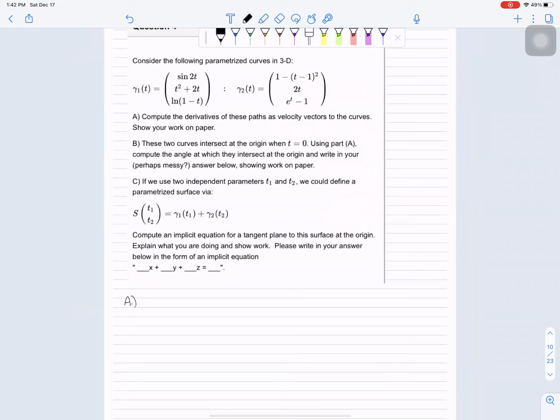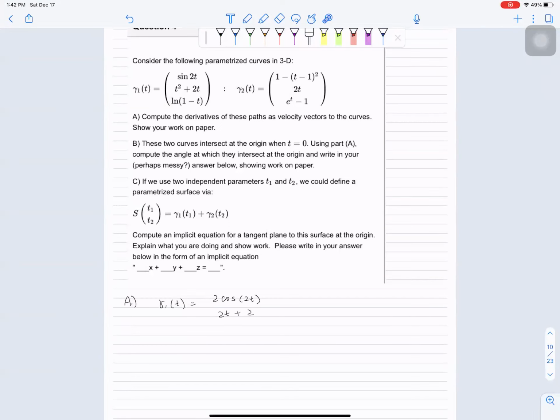Part A, derivative of gamma 1. I take the derivative of sine 2t, which gives me 2 cosine 2t using the chain rule. The derivative of t squared plus 2t is 2t plus 2.